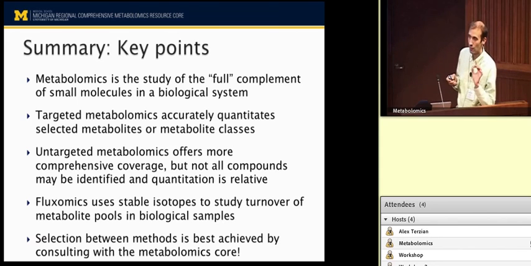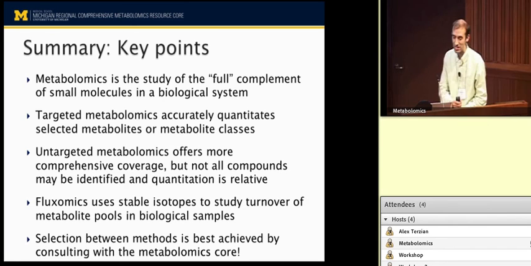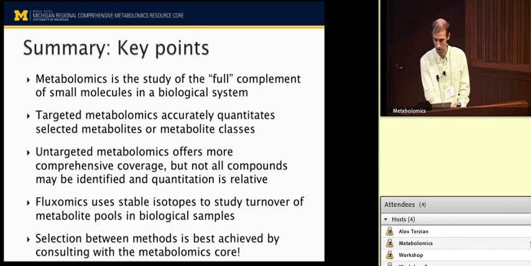Again, I want to emphasize that we will give you identities with an untargeted metabolomics experiment to the extent that our library is able to do so, but it will be a portion, not a complete portion, of the features that we identify. Quantitation is relative. Fluxomics uses stable isotopes, more on that tomorrow, to study turnover and flux. I'll again emphasize and double underline that choosing between the methods is best done in consultation with the core.